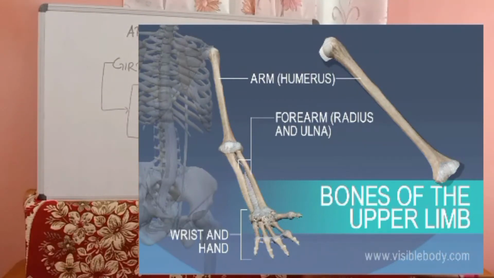And the lower end of the ulna forms a joint in your wrist region, so it forms your wrist joint. The broad lower end of the radius forms a major part of your wrist joint where it articulates with your wrist bones. Then the third region is your wrist, where you wear your watches.